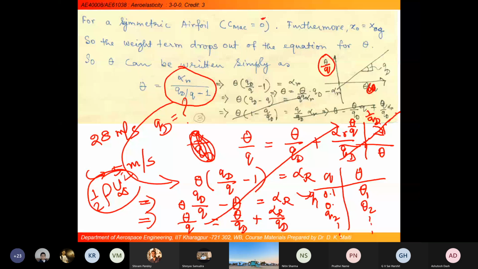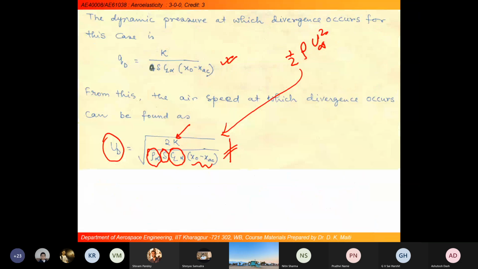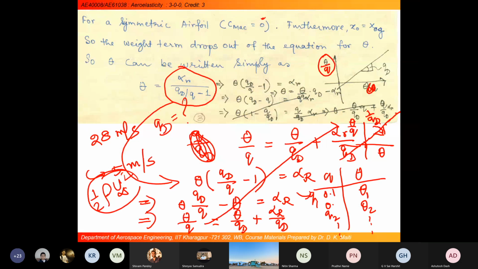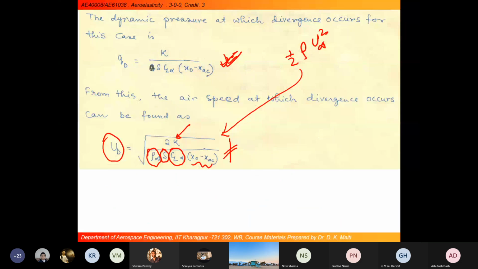So this is the theoretical value of divergence speed that we have calculated here, and experimentally, for different values of q, we have measured the values of theta, and then we can make a plot of this, draw a mean straight line, get the slope, and from that slope calculate the divergence dynamic pressure. Up to this, is it okay? Yes, sir.